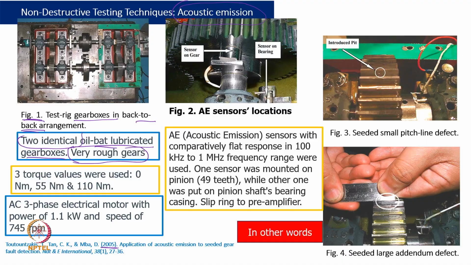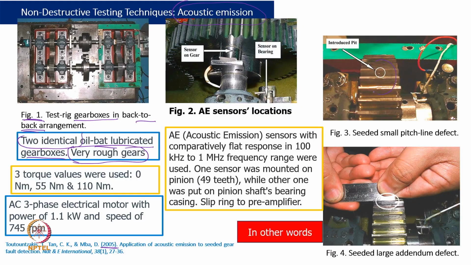Another thing is that they seeded the faults, so that they can calibrate the sensor and the technique, where we are intentionally giving a fault to the gear surface. They have introduced a pit, they also introduced a flaw at the edge, and they have created a fault on that.